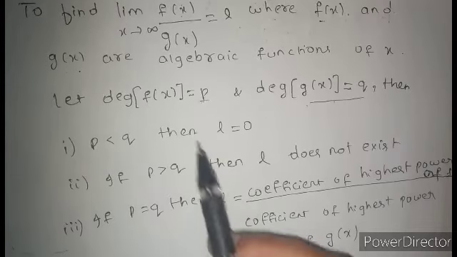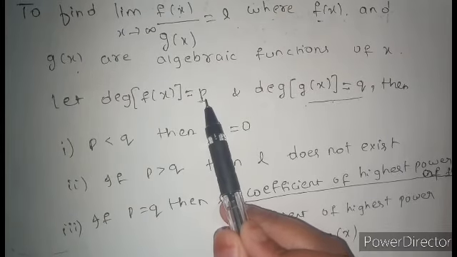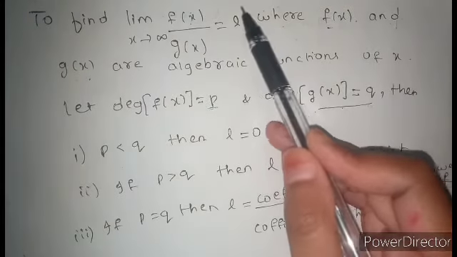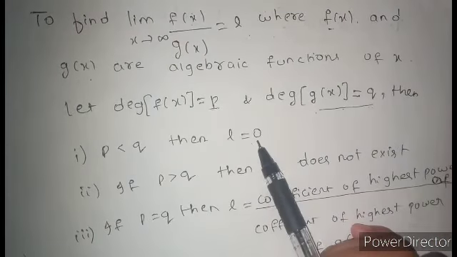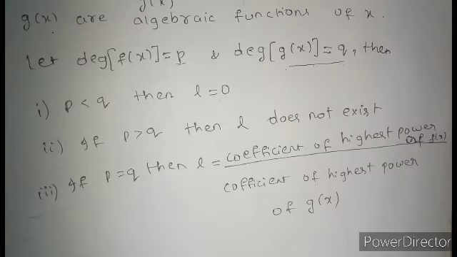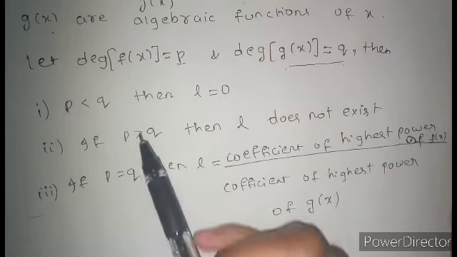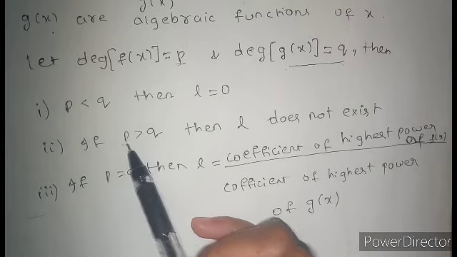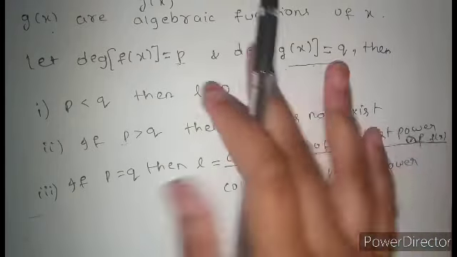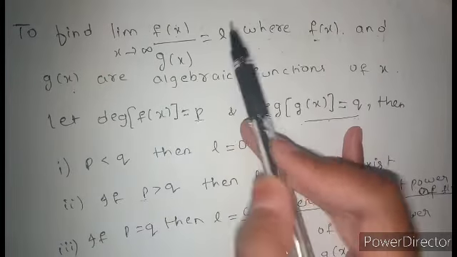Now if the degree of f of x is less than the degree of g of x, then the L value is 0, okay? Please remember, this is the first condition. Now coming to the second condition. If the degree of f of x is greater than the degree of g of x, then this L doesn't exist, okay?